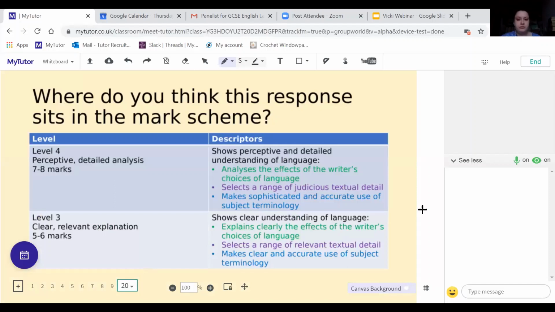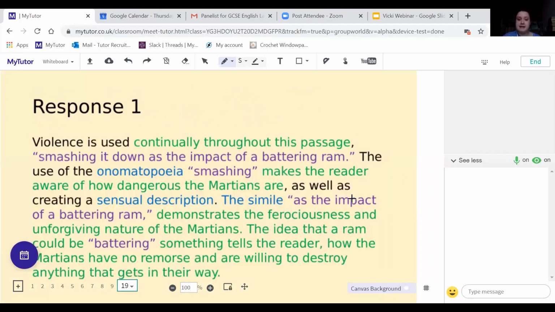So, our green then is representing where our little bits of analysis are. So as you can see, there's a tiny little bit here and here, which is basically contextual, just saying it's happening throughout. A little reference to the reader. And then down here we've got our more chunky descriptions and analyses of why they're there.